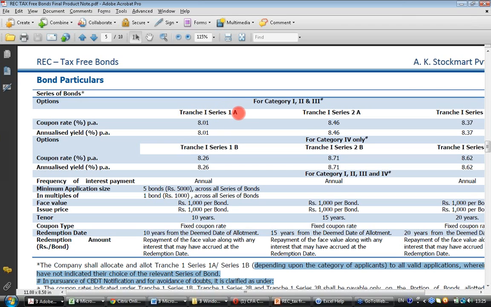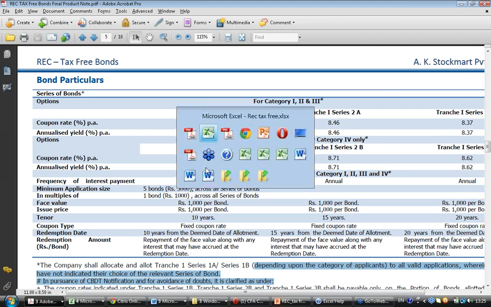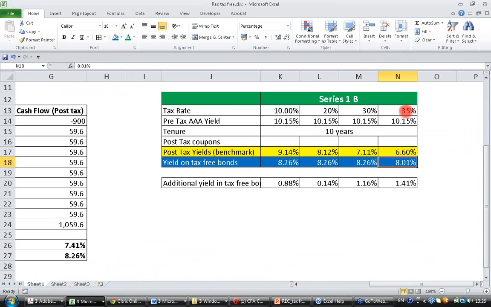The 1A is accessible for corporate and 1B is accessible for retail. So 1A will get a yield of 8.01% and 1B will get a yield of 8.26%. That's why I have put 8.01 for the 35% tax rate, which is applicable only for corporate. But irrespective of that, this bond is attractive for investors with more than 20% tax rate. So this is how you have to assume.